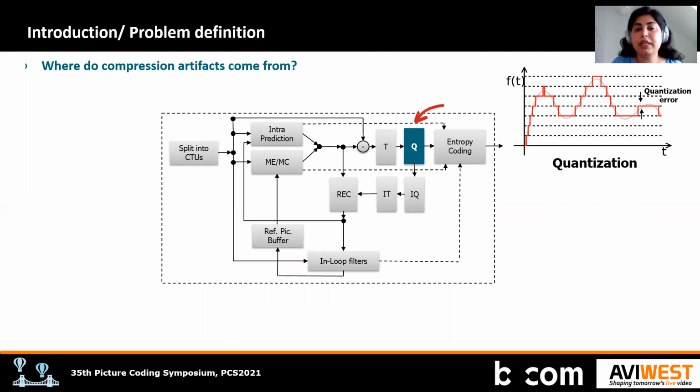In lower bitrate, when we apply coarser quantization step to the transform coefficients of the residual signal, it may introduce some ringing artifacts or smooth the edges or cause some blurriness in the decoded videos.